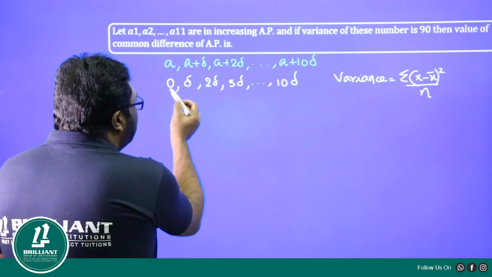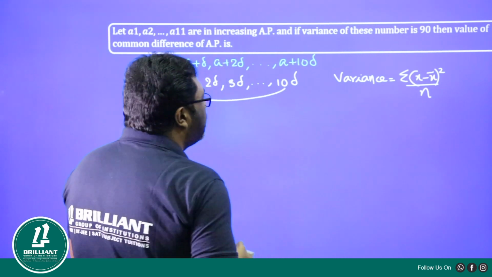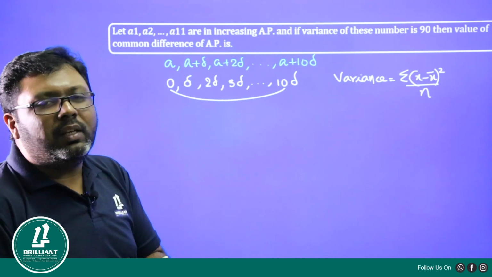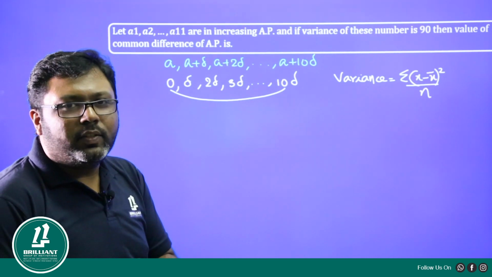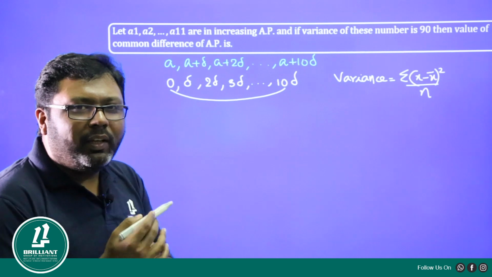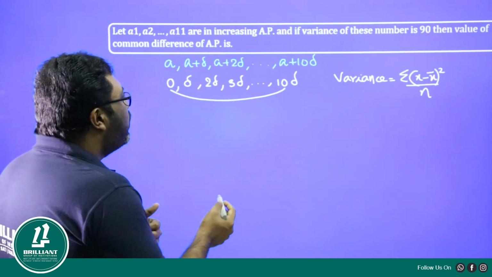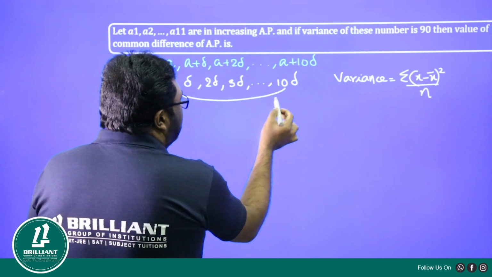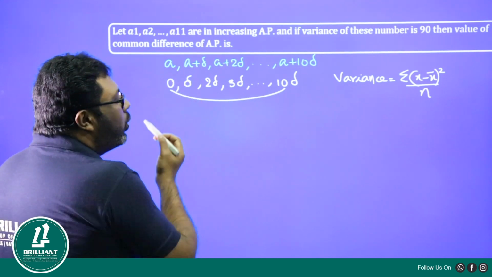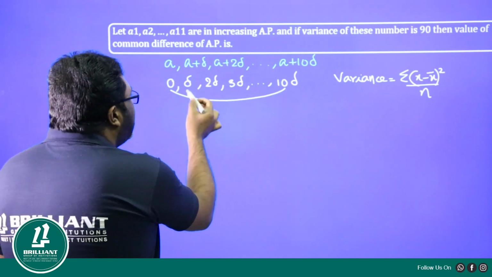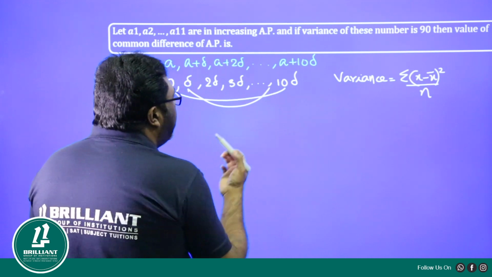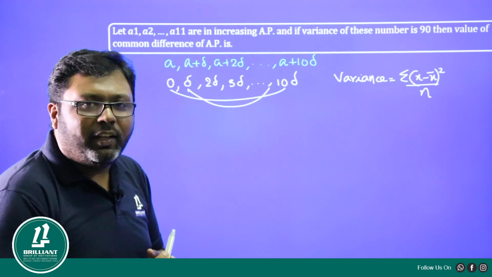Now look at the two numbers 0 and 10D. What is the arithmetic mean of these two numbers? Isn't it 5D? Yes. Now what is the term before 10D? Isn't it 9D? And this is 1D. What is the arithmetic mean of 1D and 9D? It is again 5D.